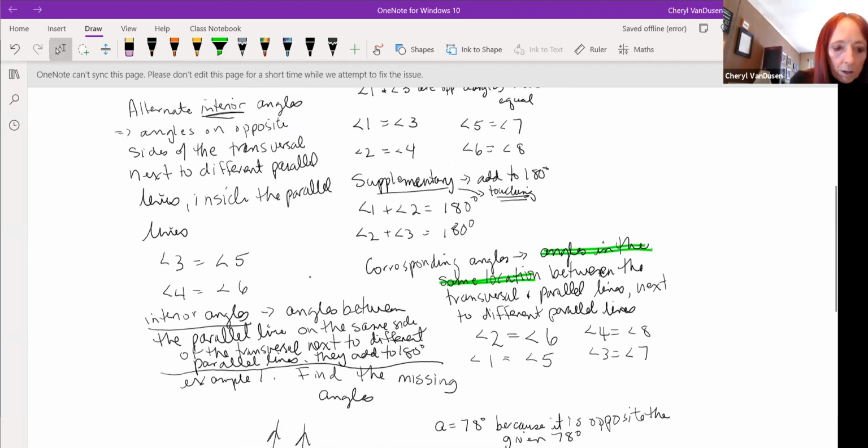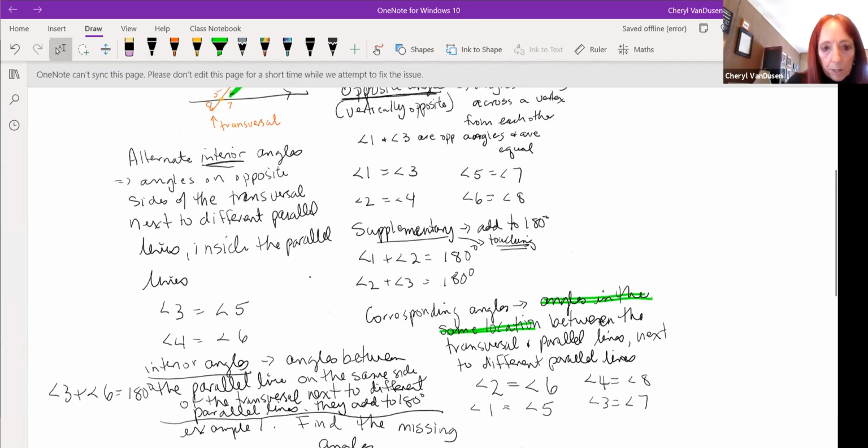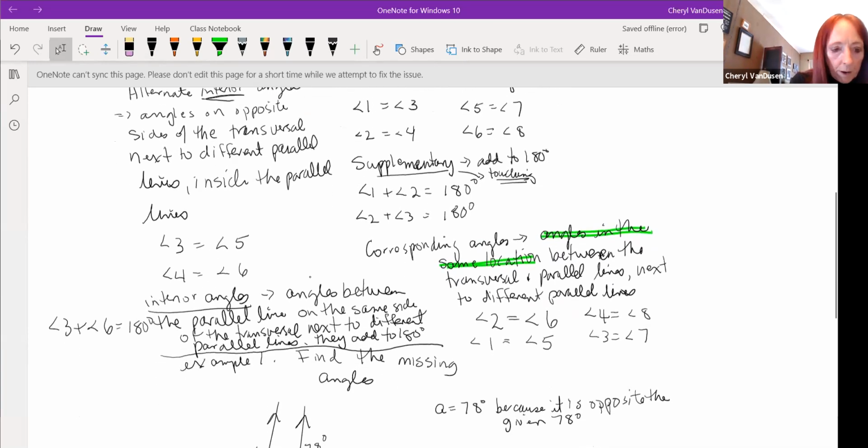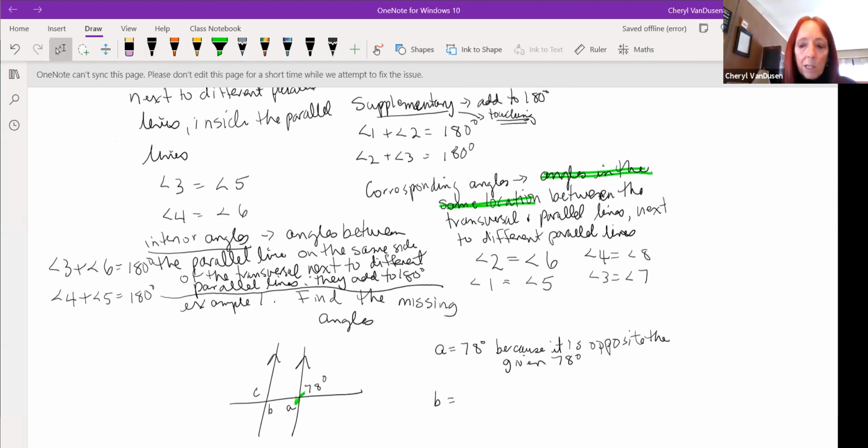So we would say here that angle 3 plus angle 6 equals 180. Or if we go back and sneak a peek, angle 4 and angle 5 add to 180. I better give you a second to write that down. It's quite wordy. I don't know how to make it not wordy.